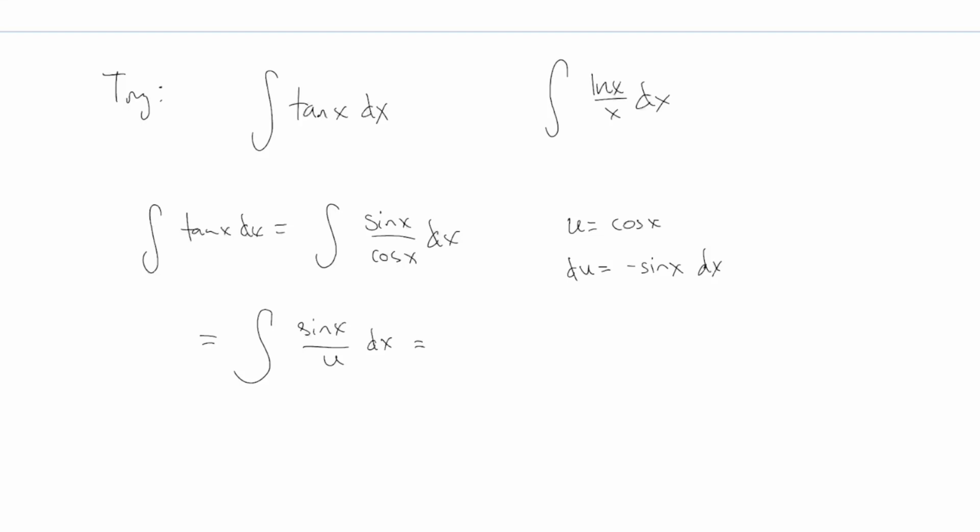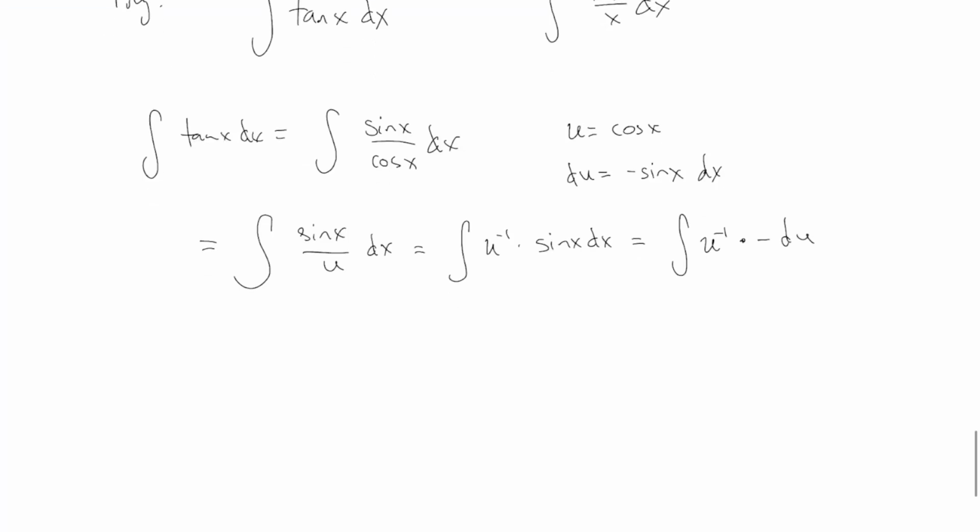I'll write this as u to the minus 1 times sine x dx. And sine x dx is negative du, if you move the minus sign over. This says integral u to the minus 1 times negative du, and that is minus integral u to the minus 1 du.